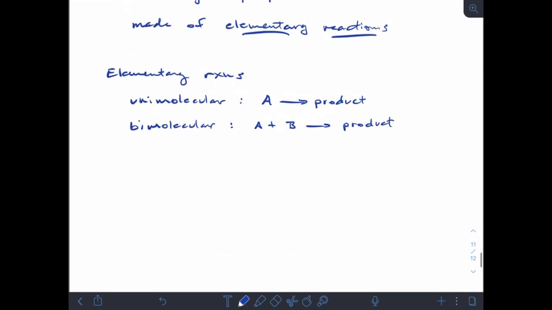Okay, and what's important about elementary reactions is that the reaction order for elementary reactions is the same as the stoichiometry.